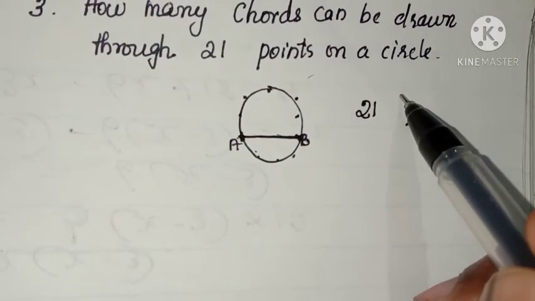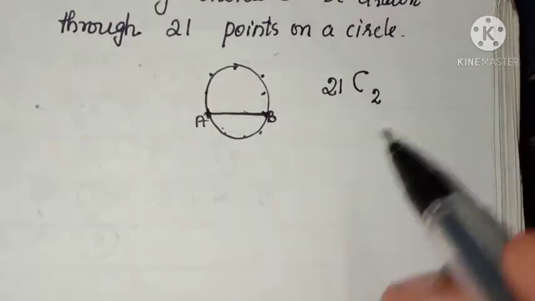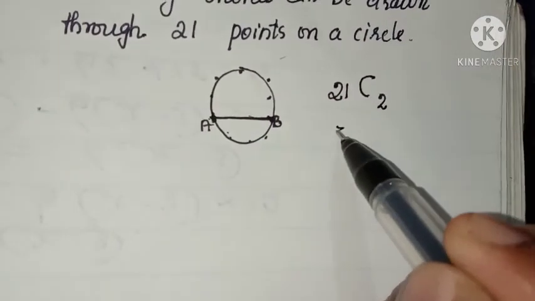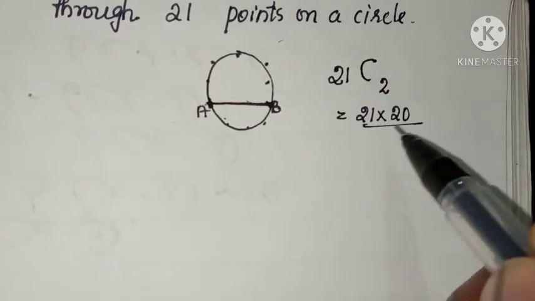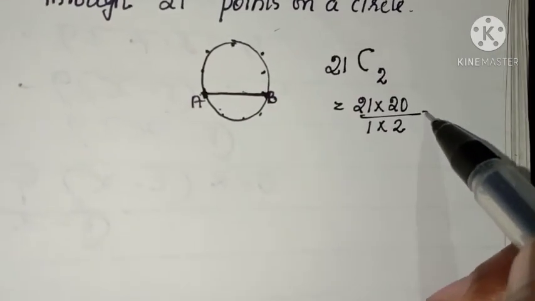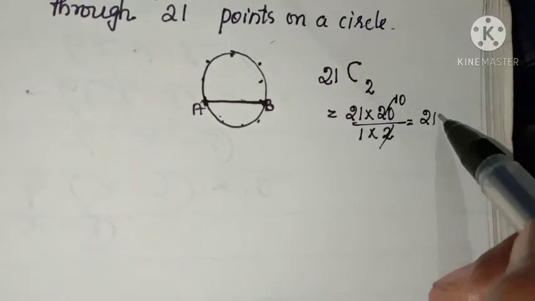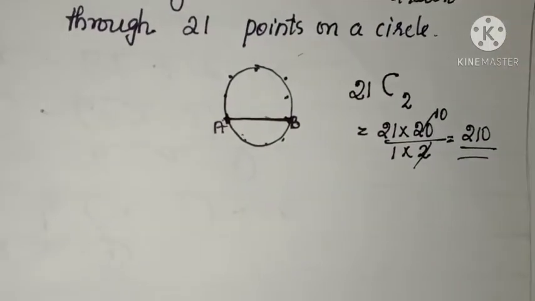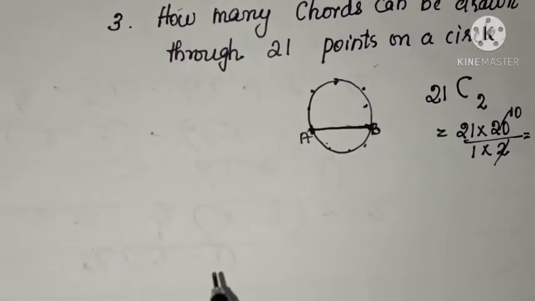So the number of chords, or number of combinations, is equal to 21C2. Now what is 21C2? 21 into 20 by 1 into 2. 2 and 20 can be cancelled. 21 into 10, 210. So 210 chords can be drawn through 21 points on a circle.